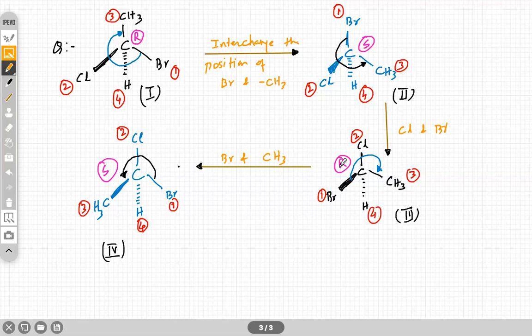Done, all of you? Okay. So even number of exchange, there is no change in the configuration.